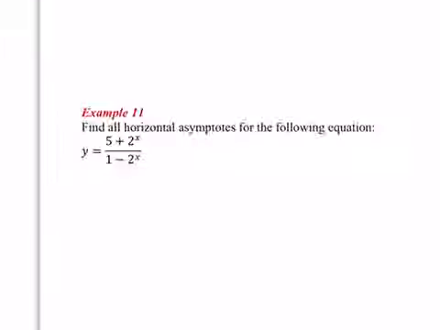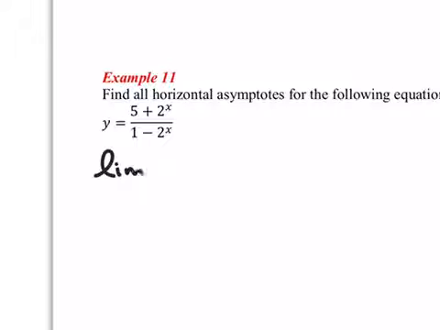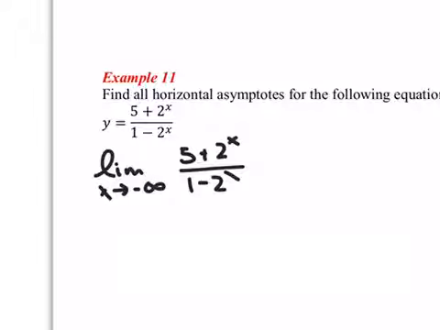So I would probably look on the left side and the right side to see what's happening, what the behavior is. So let's look at the left side first and see what's happening. So if I were to plug in negative infinity in here and in here, 2 to the negative infinity is the same as 1 over 2 to the infinity.